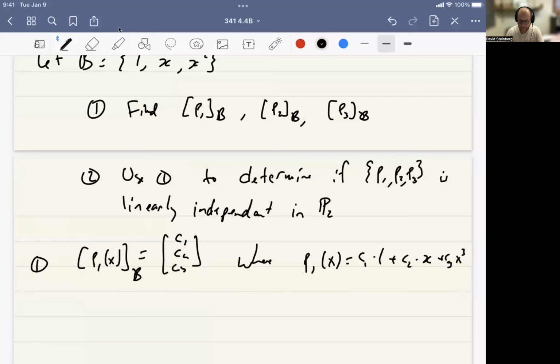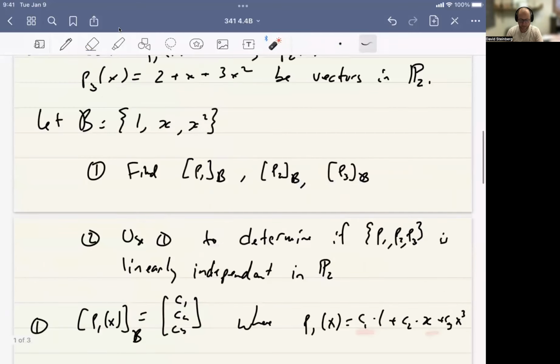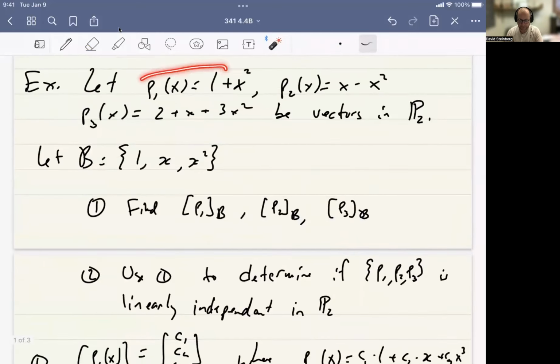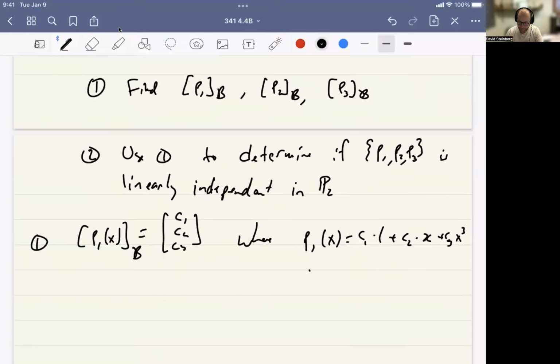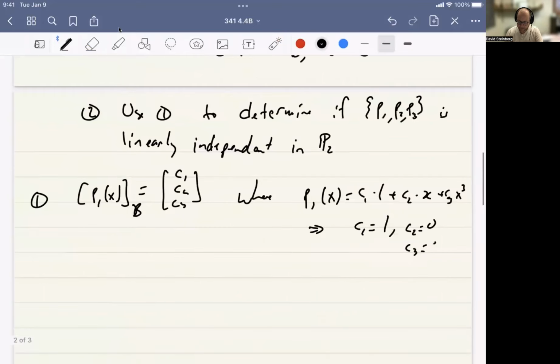But we know exactly what these coefficients are. We literally read them off of the expression of P1. So this means that C1 is equal to 1, C2 is equal to 0, and C3 is equal to 1.